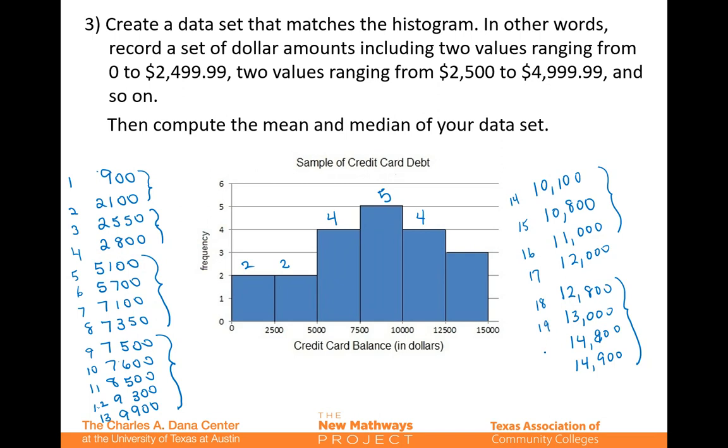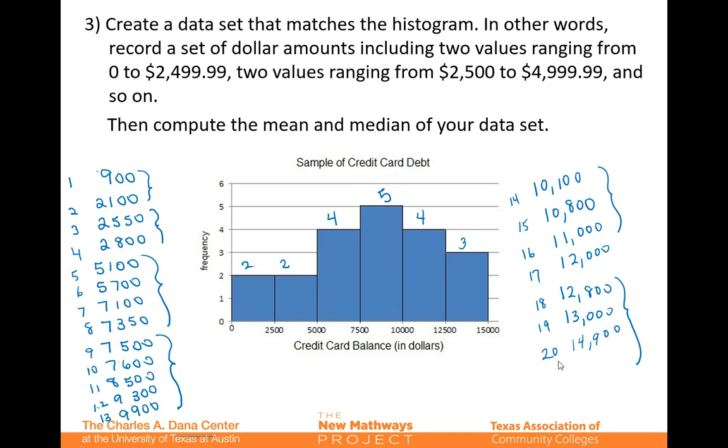How did I get one too many? Oh, this last one's only supposed to have 3, and I put 4. So we just need to erase one of those. We'll go back to my original thought, which had it right to begin with. We'll just have 14,900. All right.